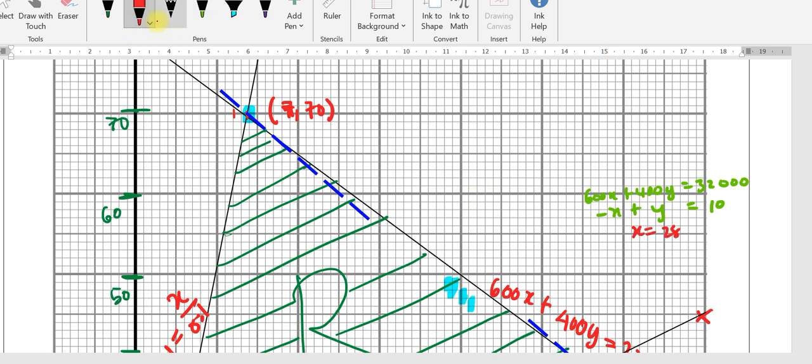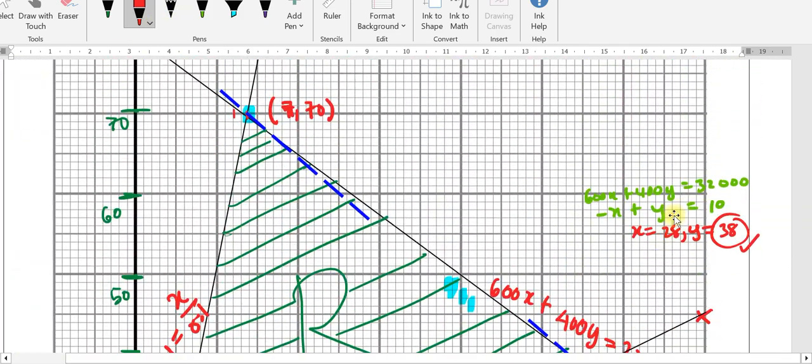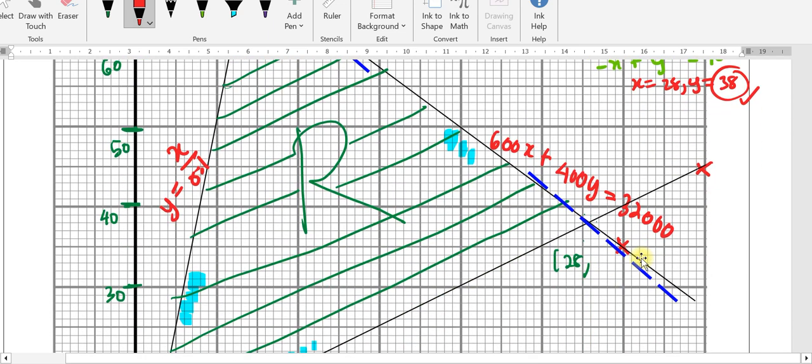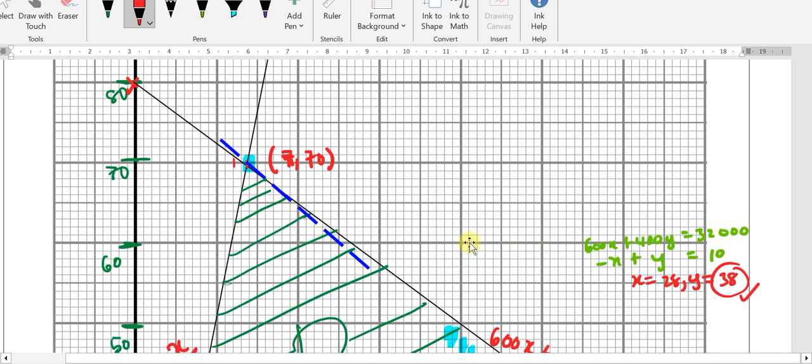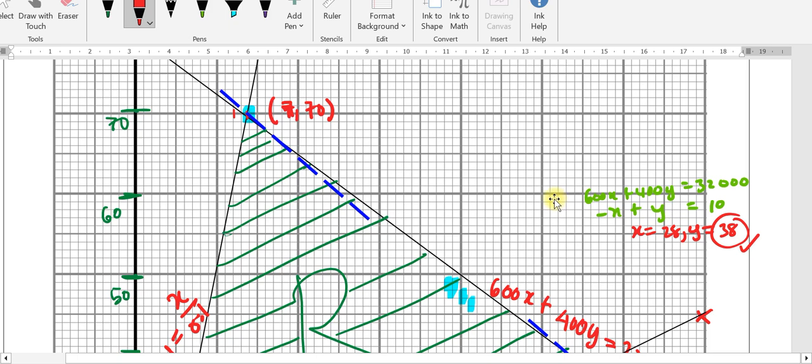Kamu akan dapat x 28 and y 38. Maksudnya kita dapat 38 tu betul lah. Yang 37 tu salah. Okay, I did it mathematically. In simultaneous equation, yeah, I'm getting 38. So, kita kena tengoklah ganti yang mana lebih sesuai lah.